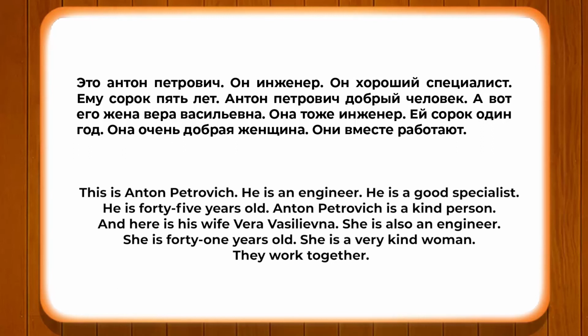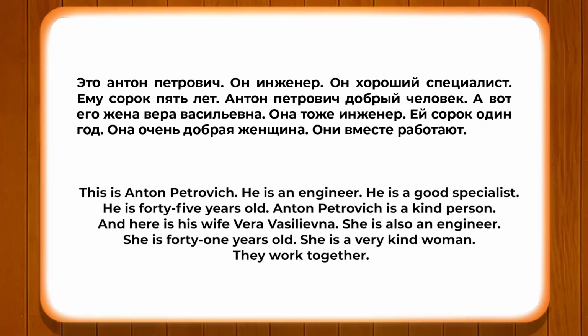Whenever we want to use the expression of also in Russian, we use тоже. Она тоже инженер. Ей 41 год. In case of 45 years old, we used 45 лет. But when we say 1, then we change it to год.